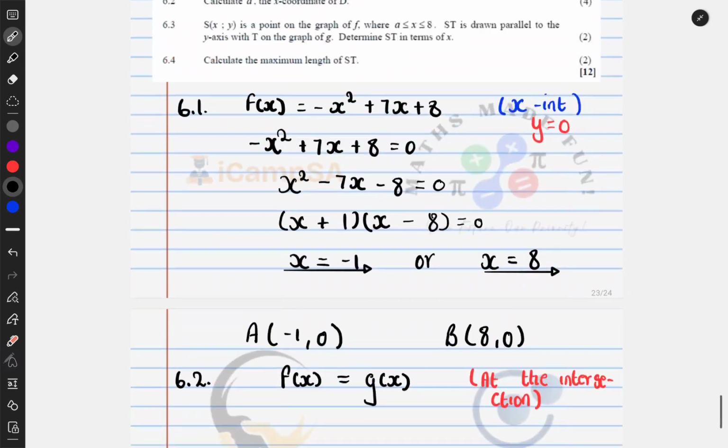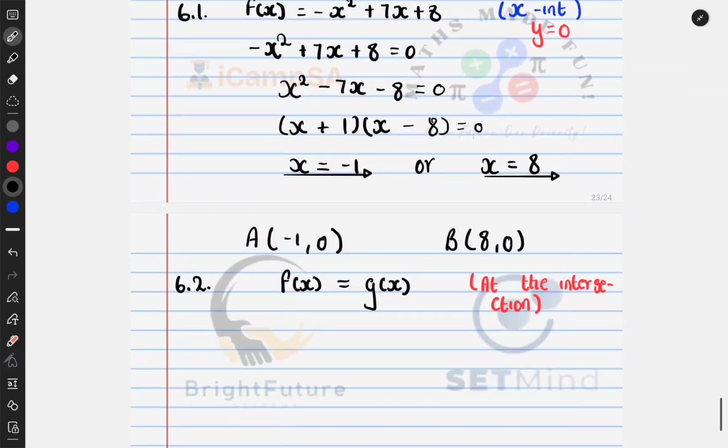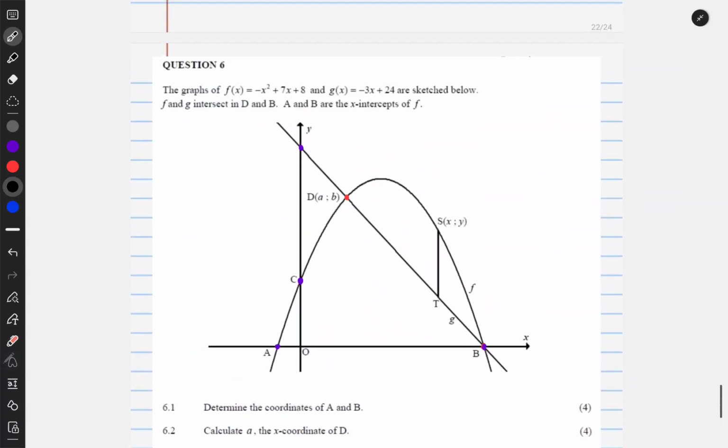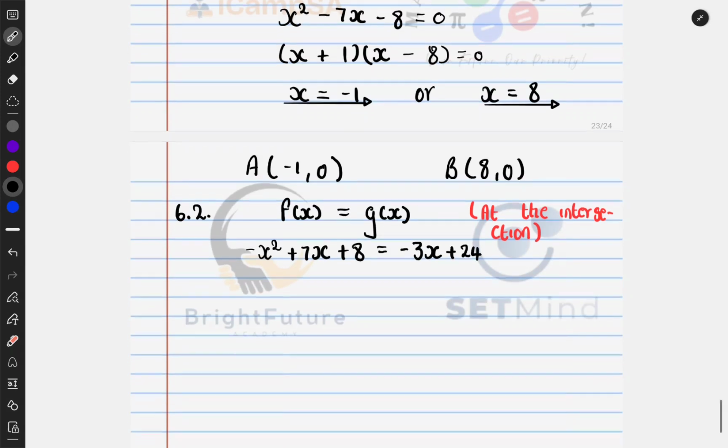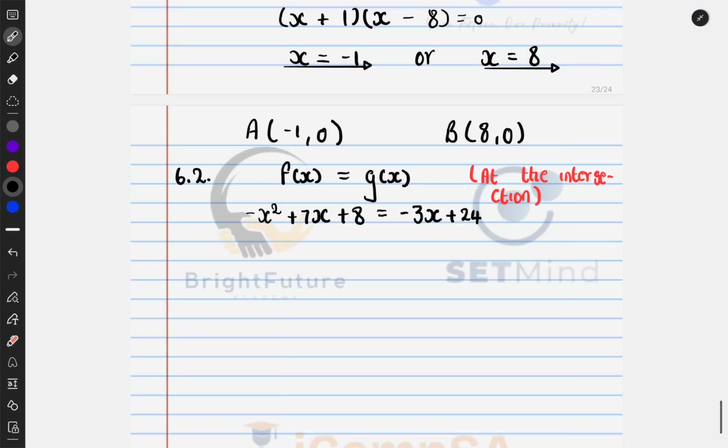Let's quickly write the equation for f(x), which is minus x squared plus 7x plus 8, and the one for g(x) is minus 3x plus 24. Now let's put everything on one side and solve for x.